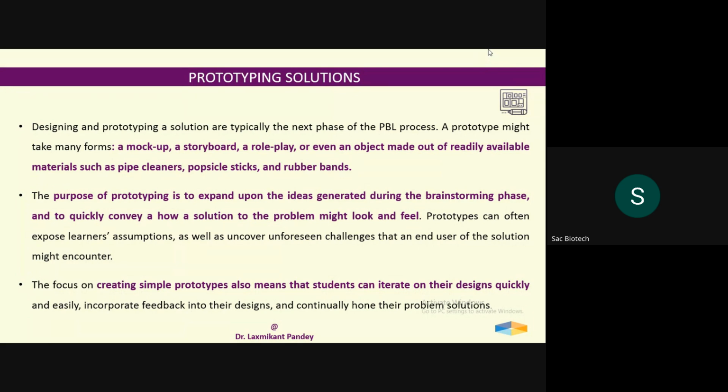So different ways are available, as I mentioned here. Depending upon the subject you are teaching or explaining, you can explain or design a different kind of prototype. Prototypes can be designed as solutions by the students. These are available depending upon the topics you are going to give the students. Next, please.